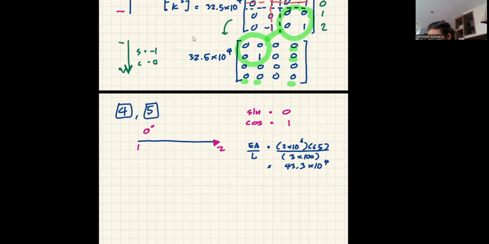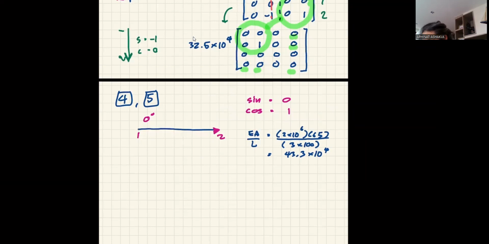Okay. So for K4, that's going to be 43.3 multiplied by that. And now is 1000, right?